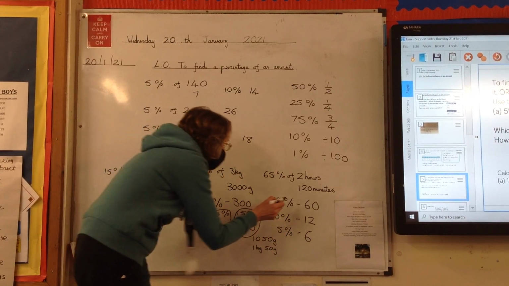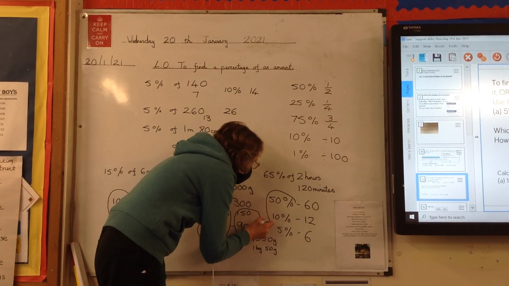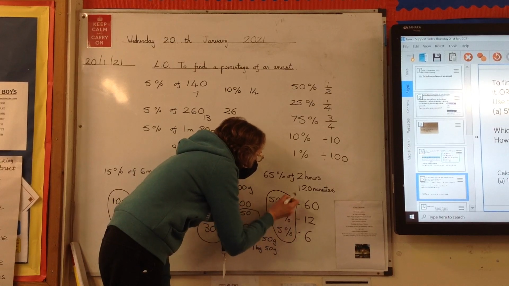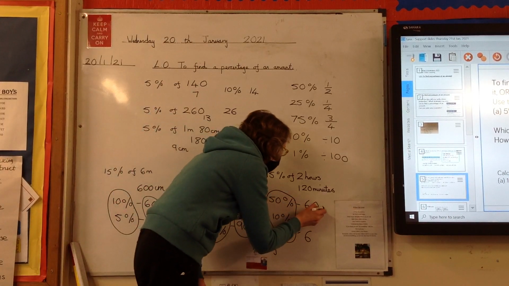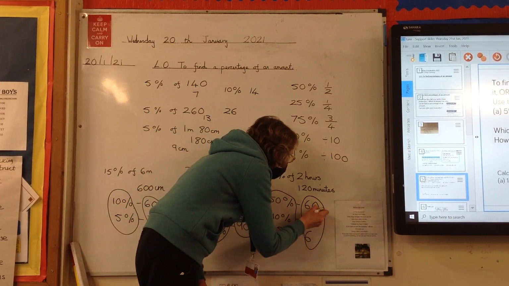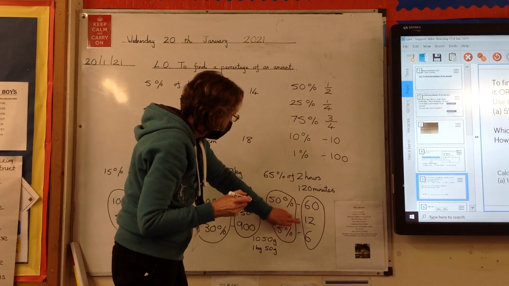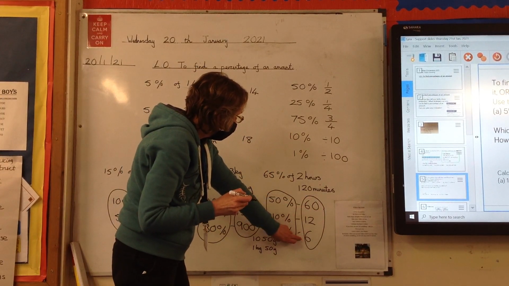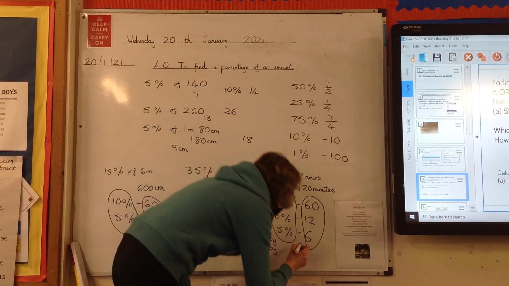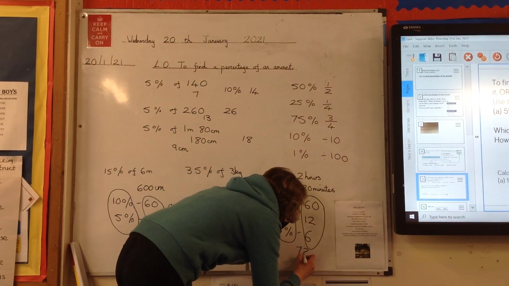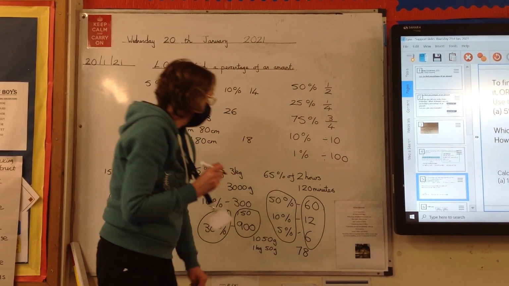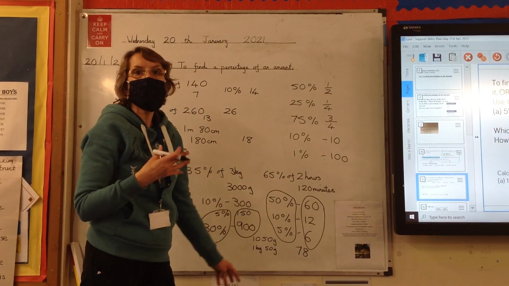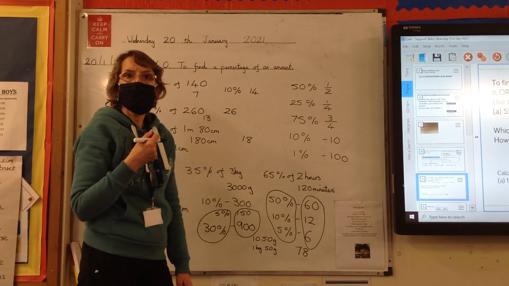So I will put together my 50, my 10 and my 5 to make 65. And I would add these together to find my answer, which is 60, 70, 76, 78. Which is 78 minutes, which of course will be 1 hour and 18 minutes.